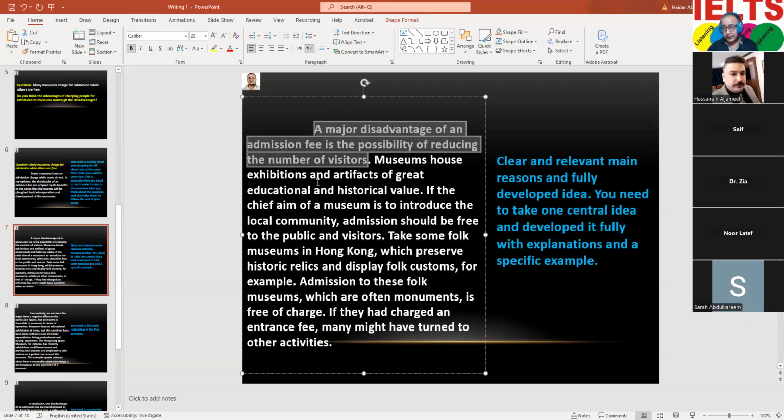So the first sentence of the first paragraph of the body should be about advantages or disadvantages. And it should be very clear, and you have to mention it. For example, here it's clear about disadvantage: possibility of reducing the number of visitors. Then I explain it in 2 sentences.